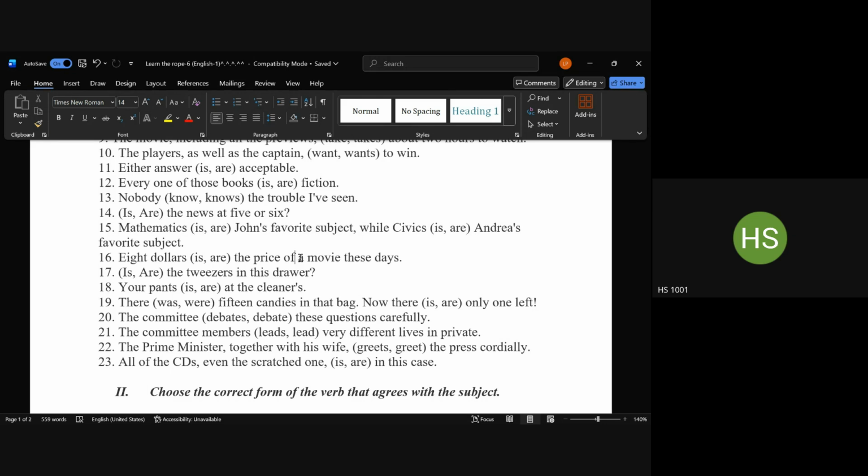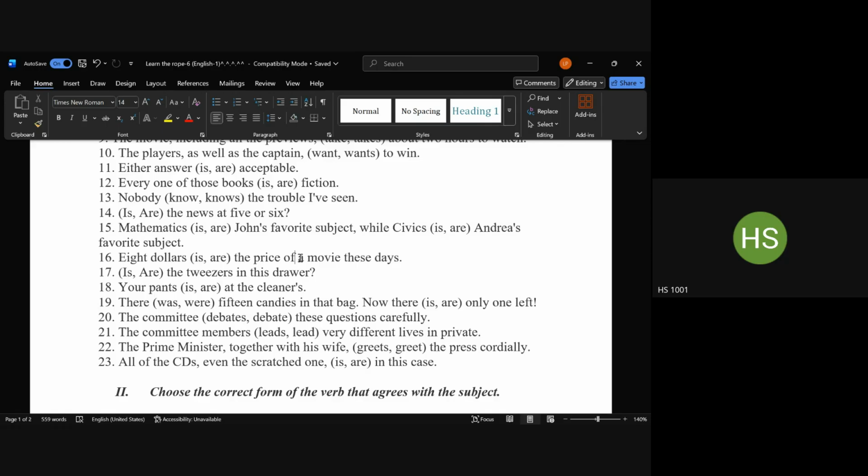This behavior of the 16th sentence, $8, and the 19th sentence, 15 candies, is because of the difference in their nature. One is treated as a single unit, an amount of money, and the other, the candies, are separate, independent, different entities. Got it?